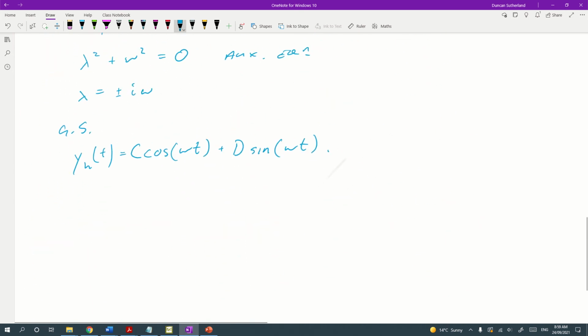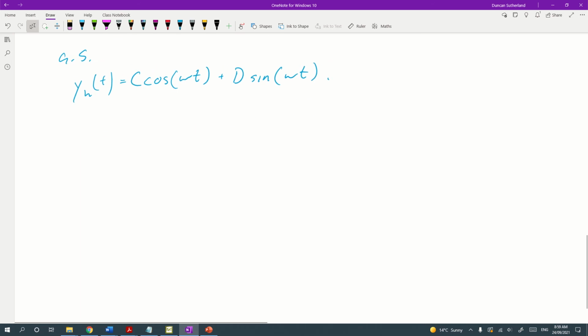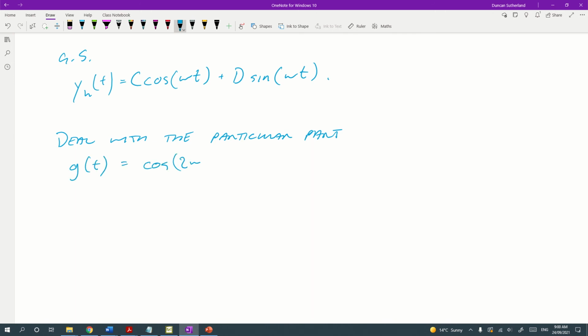So when we make guesses with our particular part, our g of t is cos 2 omega t plus sine omega t, like this.